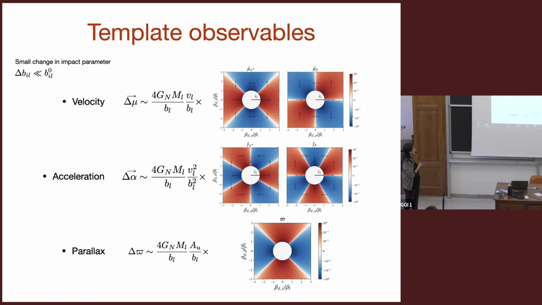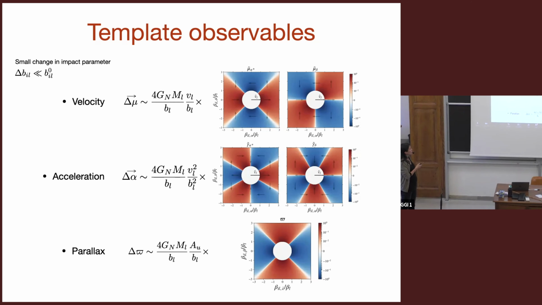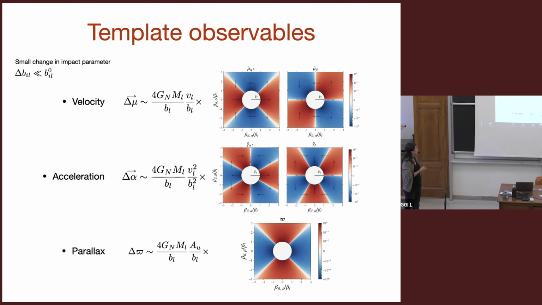Here I'm showing the expected lens-induced velocity, acceleration, and parallax. The magnitude depends on this combination of lens parameters. And then the profile, I'm representing it here in this density plot for the two components, horizontal and vertical, of the angular velocity.